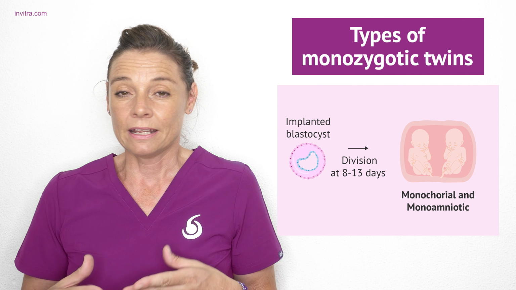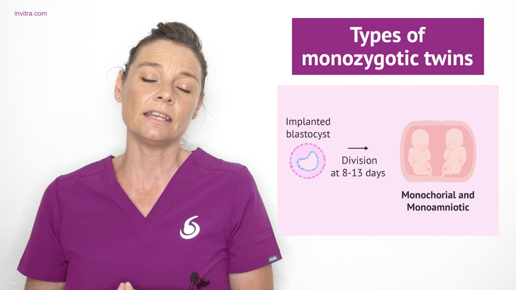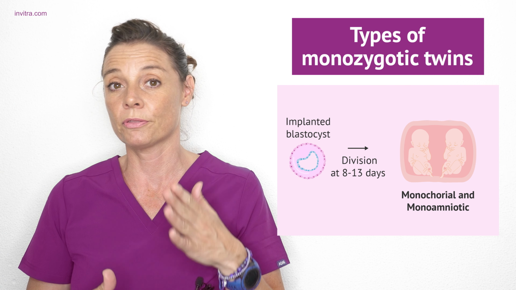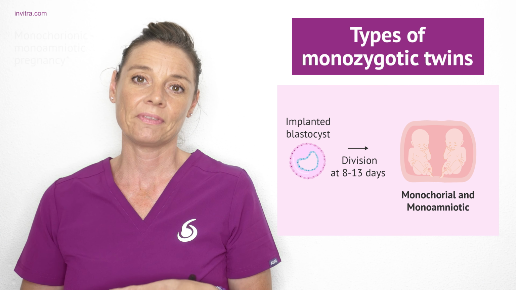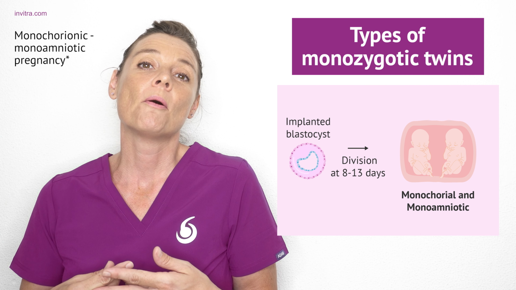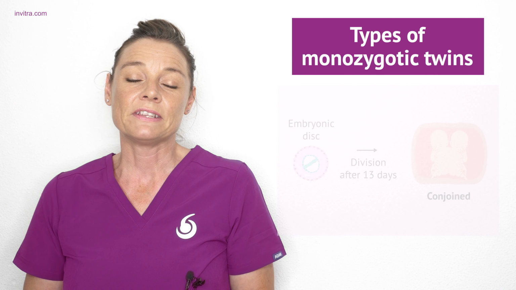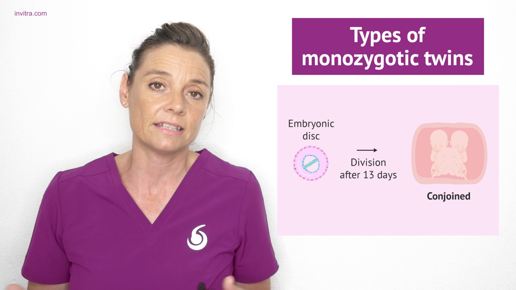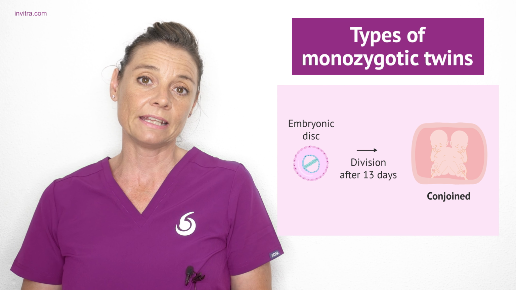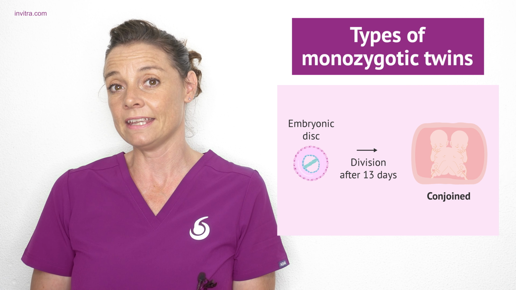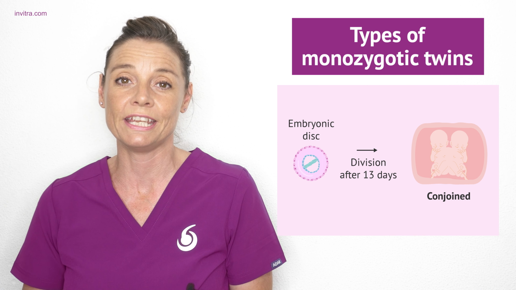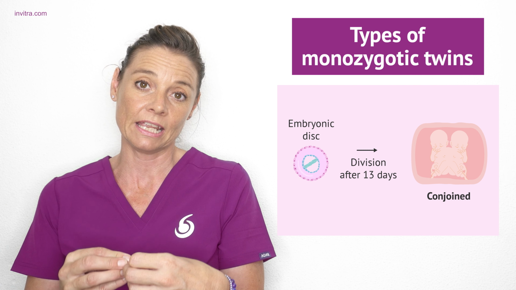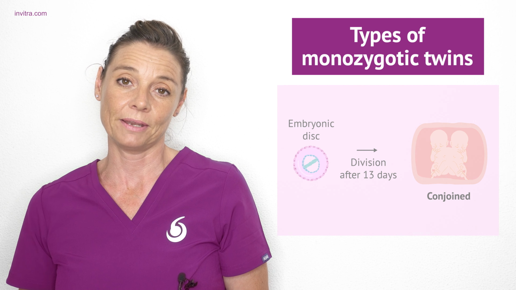After this, if the split occurs a little bit later, perhaps from day 13, it may be that the two embryos will share both the placenta and the embryonic sac. Hence the term monochorionic pregnancy. If the split occurs after an advanced stage of embryonic development, after day 13, it may be that the split of the embryos is not fully complete, and this results in what we know as conjoined twins, where the twins are actually joined in some way physically within their body, as well as sharing a placenta and an amniotic sac.